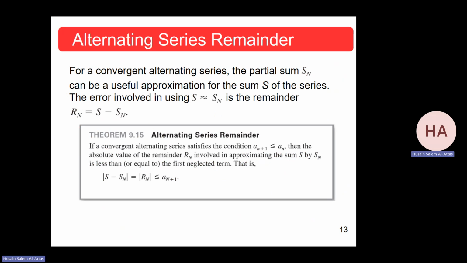Okay. Also, we have this alternating series remainder theorem. For a convergent alternating series, if we calculate the partial sum Sn up to a specific value, then the error is the difference between the actual sum of the series minus the partial sum up to capital N. This we call Rn, the error or the remainder.